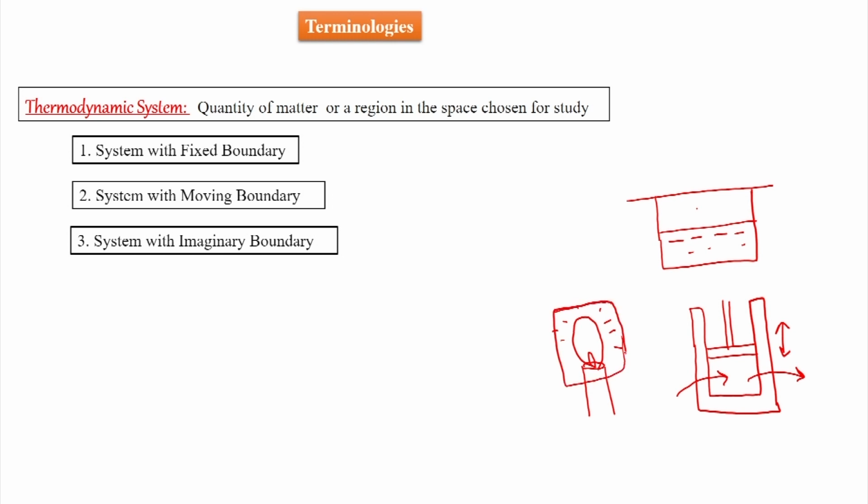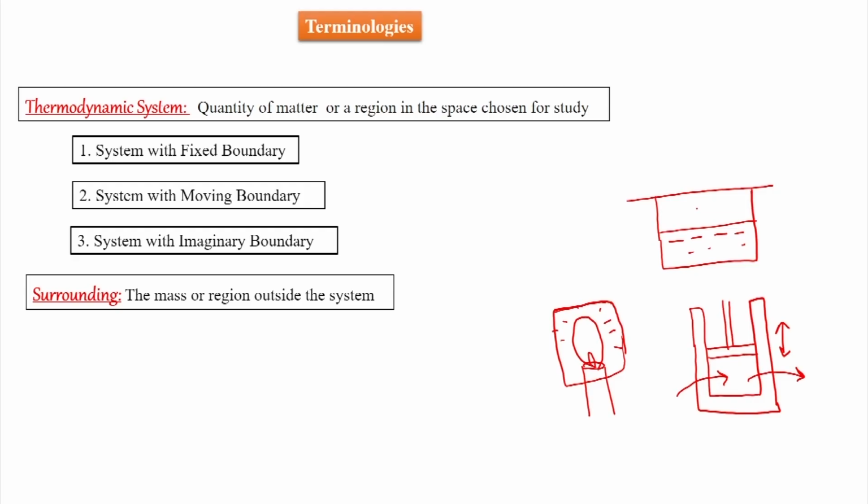If we define this region as our system, then we are defining this as our region of interest for thermodynamic studies. Such a system does not have fixed boundaries; the user defines the boundaries, and they are imaginary boundaries, not physical boundaries of the system.